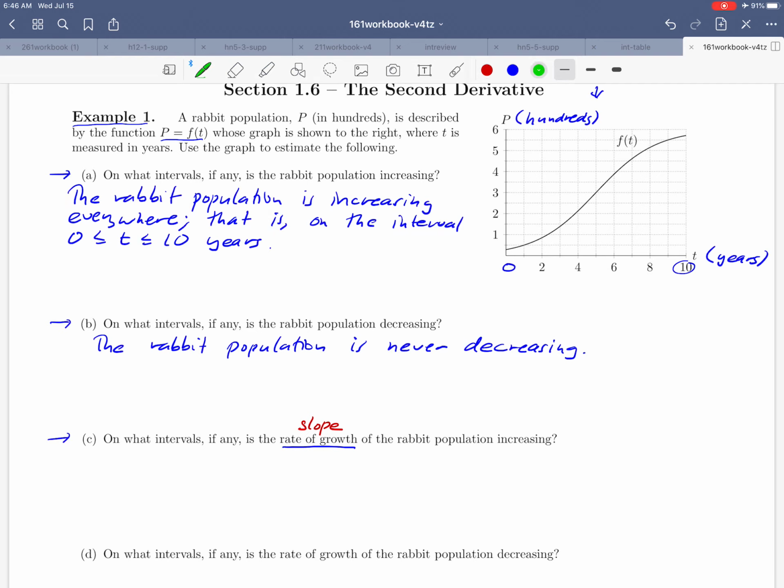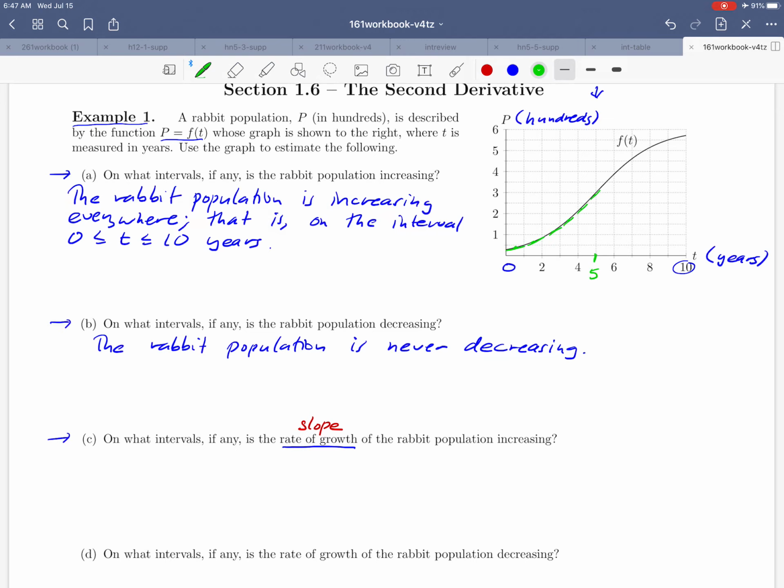Let's draw in a few tangent lines, because those will give us an idea of the slope. Notice that starting at 0, it looks like the slopes are increasing. That's telling us that the rate of growth of the population is getting bigger. The question is, how long does that keep up? How far to the right can we go and still have the tangent line slopes keep increasing? I would say the cutoff is somewhere in the vicinity of 5.